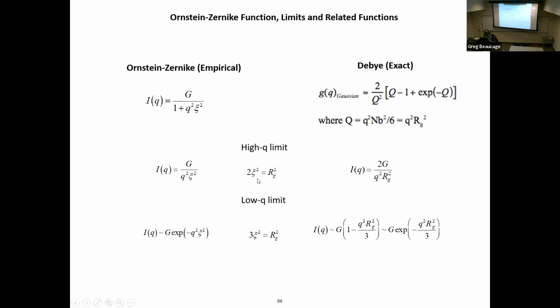You can see they aren't the same. They don't give the same answer. The main point is that this number has no meaning. That correlation length that you get out of this isn't meaningful. So this paper uses this function. That's why I mentioned that. That's one thing. Slide 92.